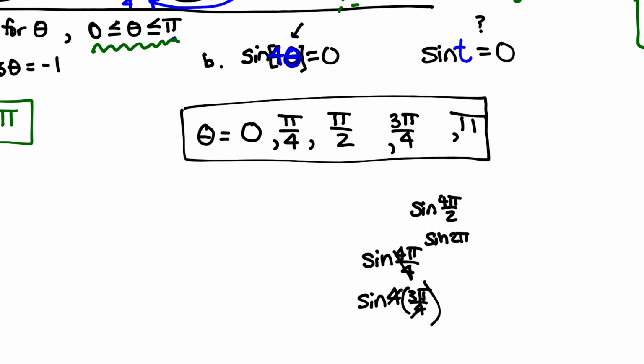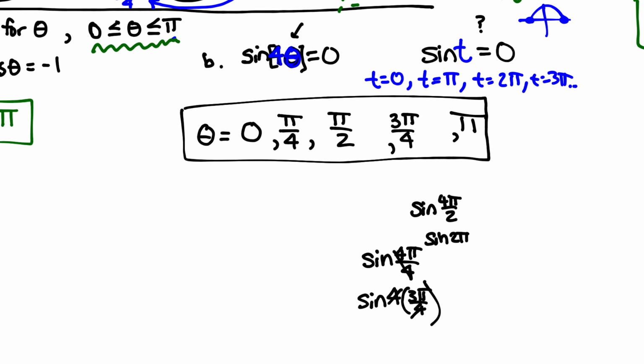For us, 4 theta is t, but this is the bigger question: at what values of t is the sine equal to 0? And we know that sine is 0, looking at our unit circle, always here and here. So t could be 0, t could be pi, t could be 2 pi, t could be 3 pi. Are you with me? So t is always a multiple of pi to make this true.